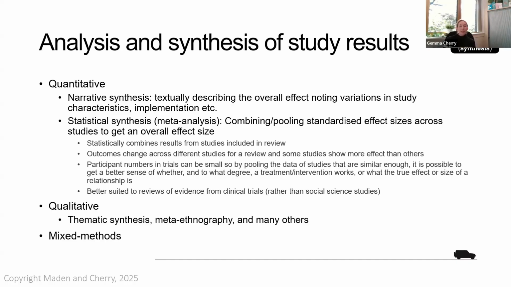If you're doing a review of qualitative evidence, then there are lots of different methods to synthesize qual data, depending on whether it's inductive or deductive, aggregative or interpretative, theory generating or theory testing. So again, lots of decisions to be made there. And then finally, you may be synthesizing qual and quant data together. So again, there are additional considerations there.